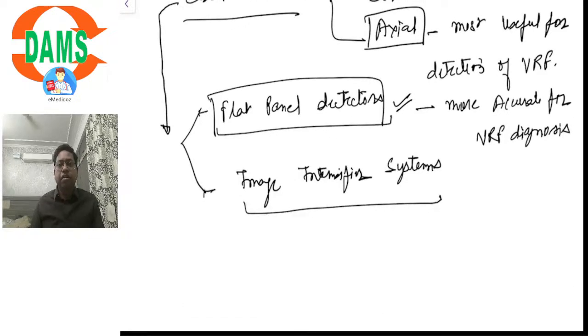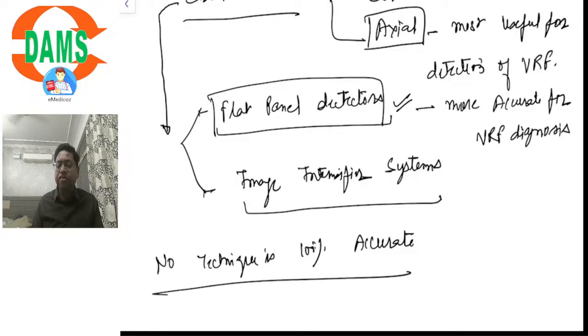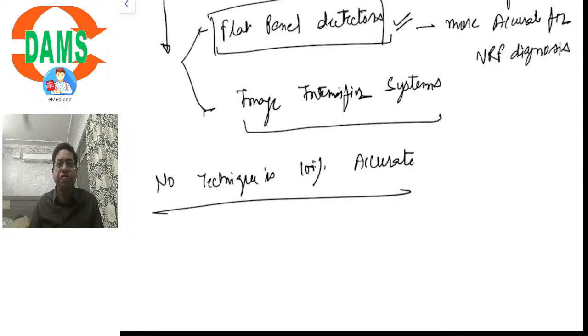But no technique is 100% accurate. There is no radiographic technique that can 100% diagnose VRF. So suppose we are suspecting a case of VRF, what is the definite diagnosis?